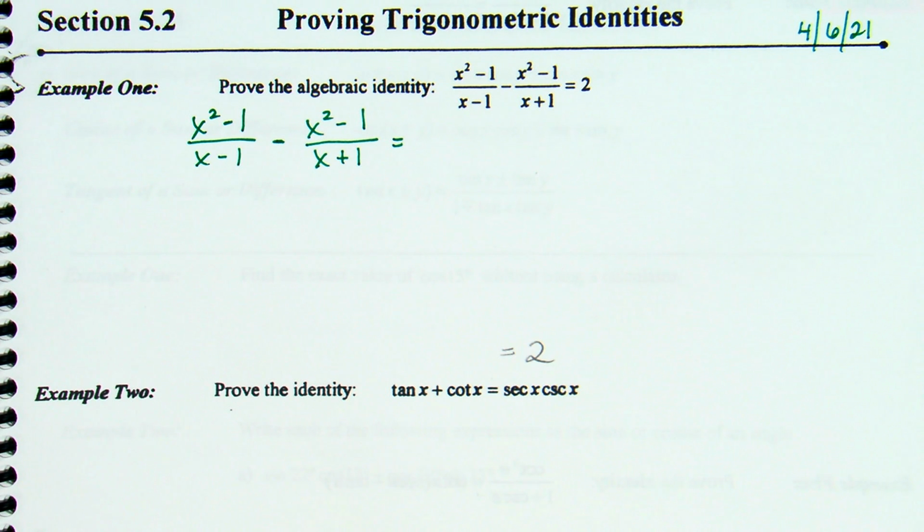What else do you notice about those numerators, besides the fact they're the same? You could factor those into like x minus 1, x plus 1. Okay, x squared minus 1, does that factor? If you'll go with me, you'll see why I would prefer that we factor it as opposed to getting a common denominator. It'll make life easier.